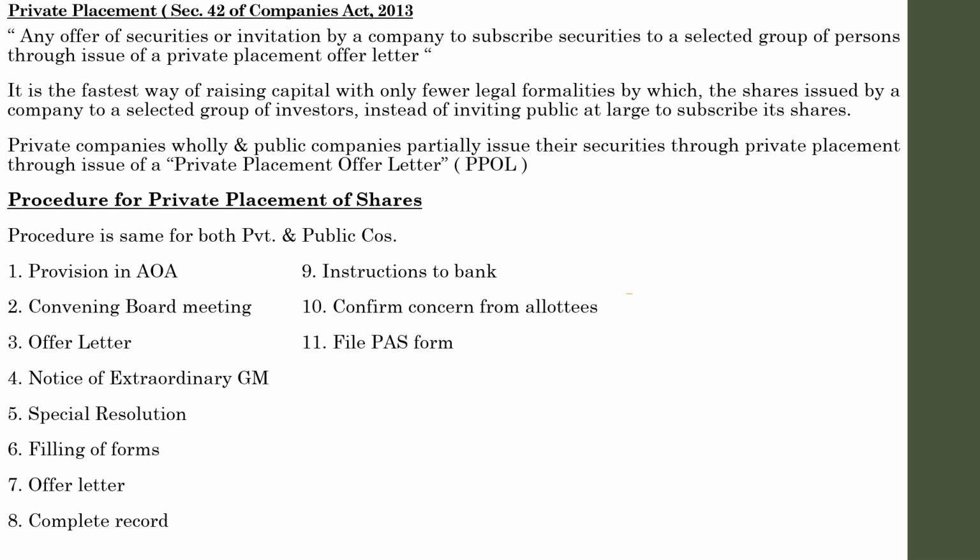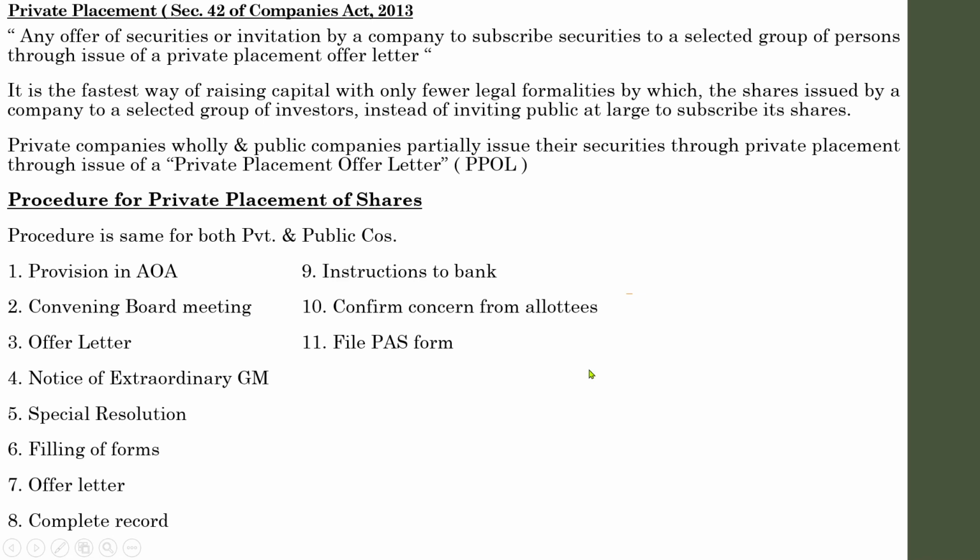Next one, file PAS forms. We have discussed PAS5 and PAS4 during one of the procedure steps. PAS4 in case of the offer letter and PAS5 in case of the complete record. Once all these steps have been taken by the company, it should file the PAS forms.